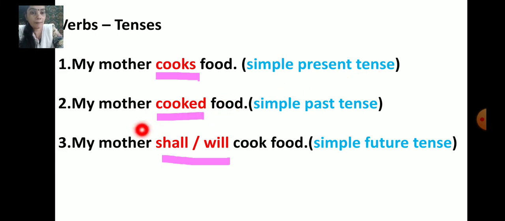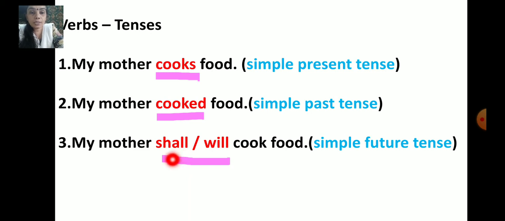And number 2, cooked. So ed, cooked, it is past tense. In the second sentence, cooked indicates the action that is already done by the mother. So it is said to be simple past tense.